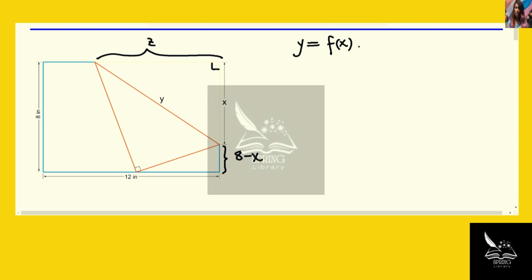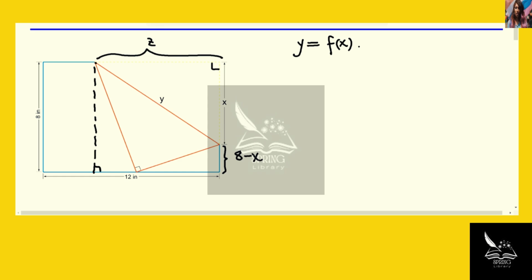If we draw a perpendicular line here from this point to the other side of the sheet of paper, that is, we draw a vertical line, we have then another triangle here.